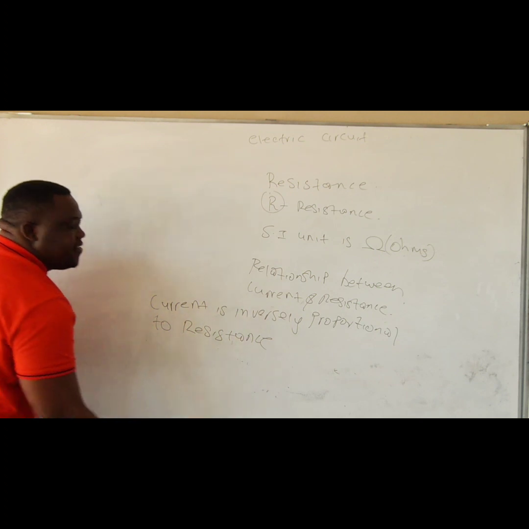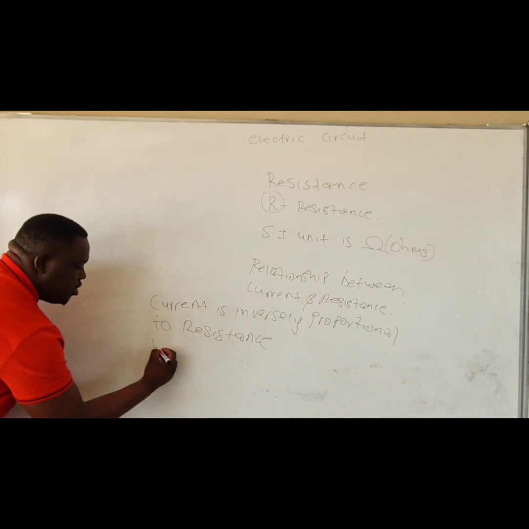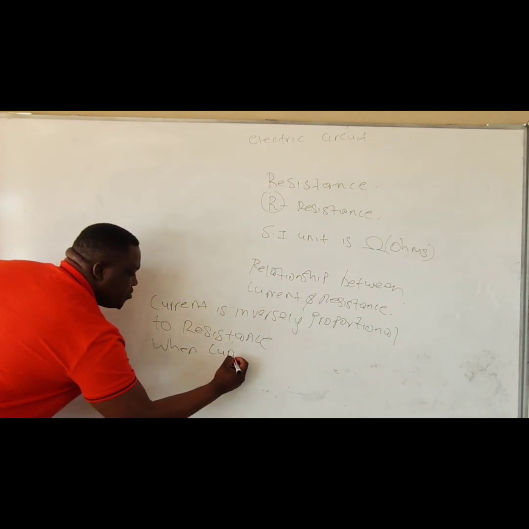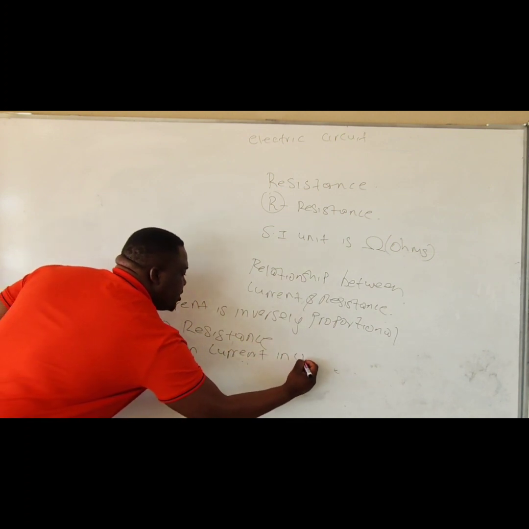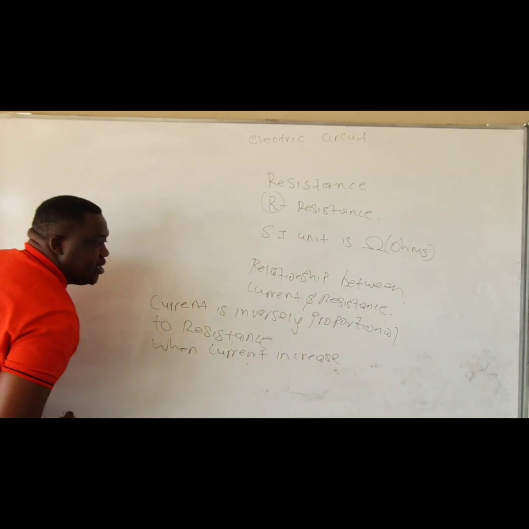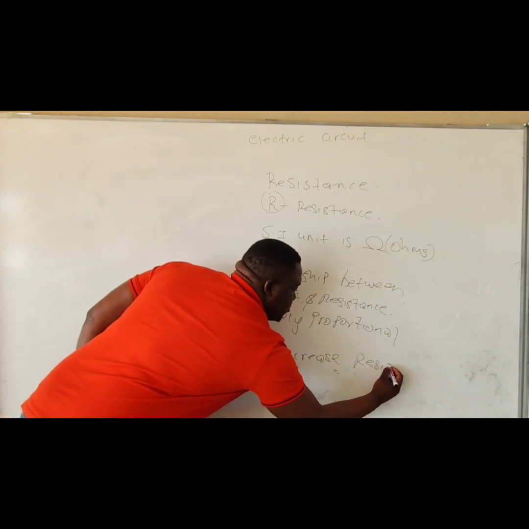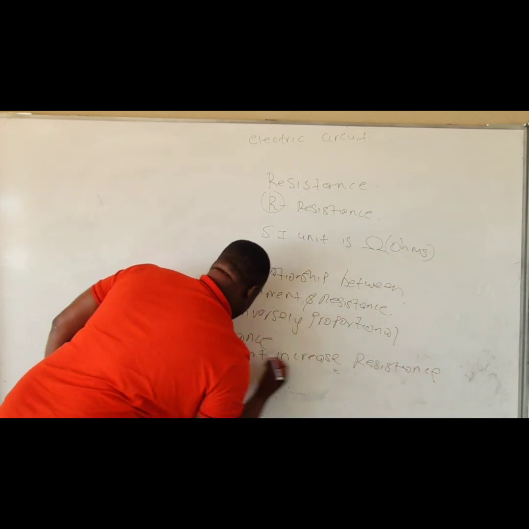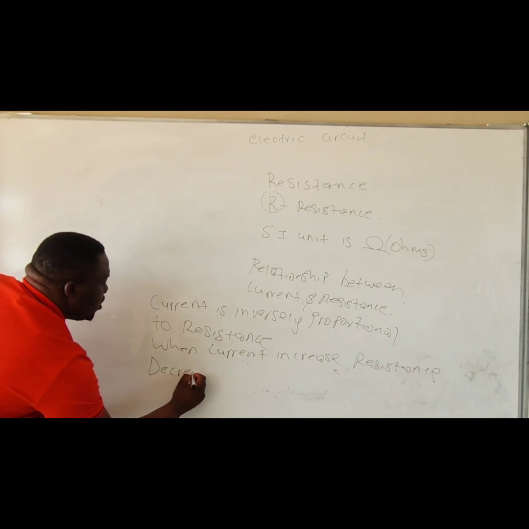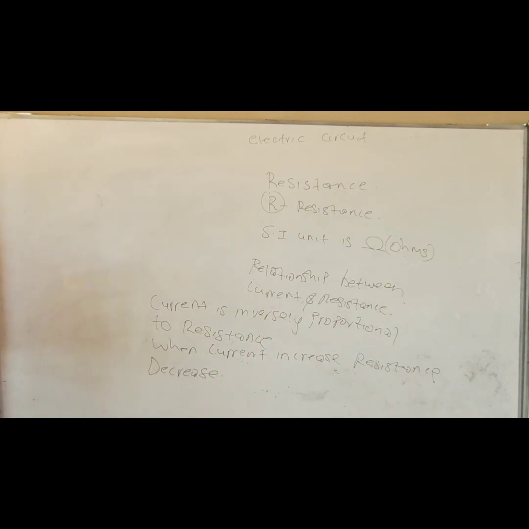What does this inversely proportional mean? It means when current increases, resistance decreases. When current increases, it means resistance decreases. So that is the relationship between current and resistance. It means when we have a high resistance, current will be less because the work of the resistance is to resist the what?